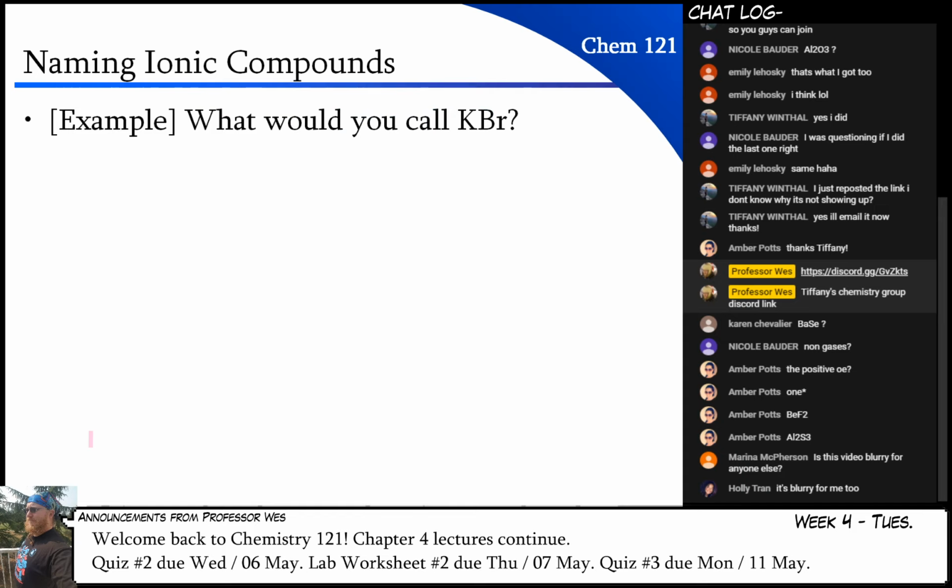So I want you to type in the chat what the name of this is without looking at the slide. Like your printout of the slide was what I mean. Try and name this and type it in the chat.